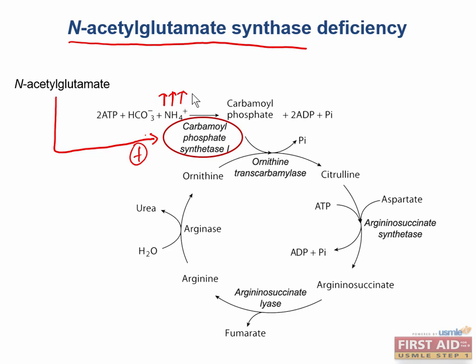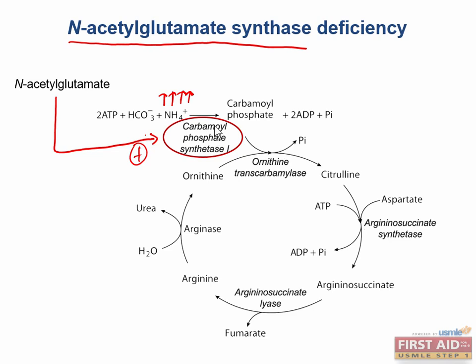You're going to get a buildup of these reactants. So your ammonia levels will increase in the body. You're not able to get rid of it. So an N-acetylglutamate synthase deficiency is going to present the same as a carbamoyl phosphate synthetase 1 deficiency.